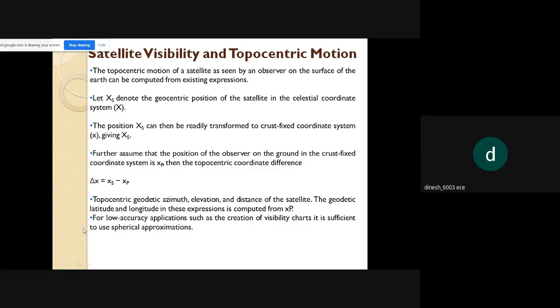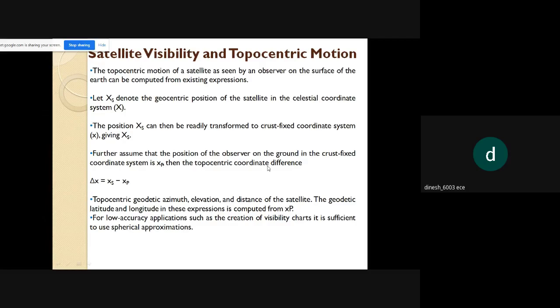So which is Lx is equal to xs minus xp. Xs is the geocentric position of the satellite in the celestial coordinate system, whereas this position can be easily transformed into a fixed coordinate system. And we have another fixed coordinate system at the ground, which is the position of the observer on the ground, which is xp.